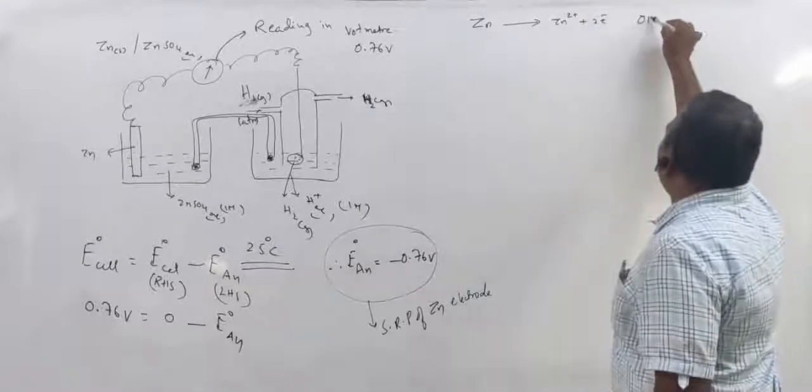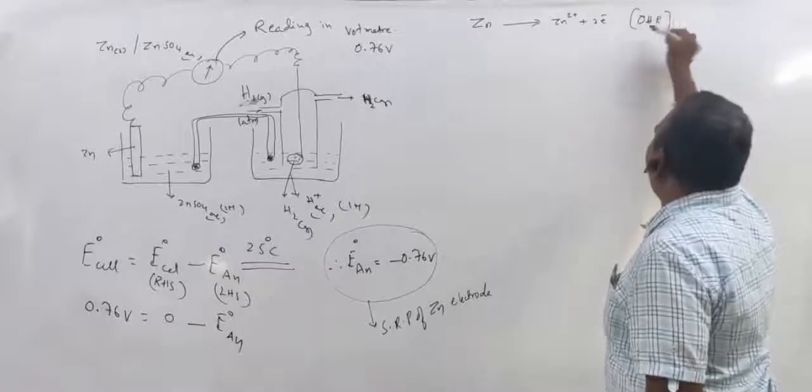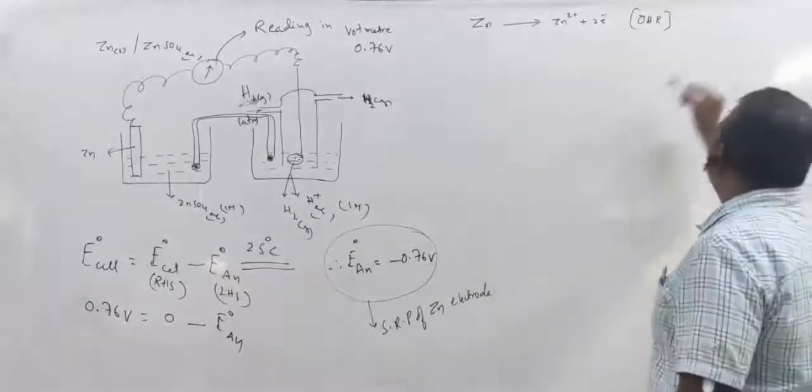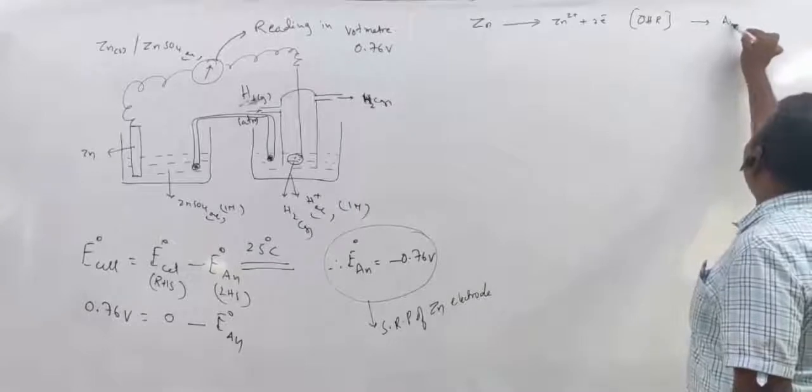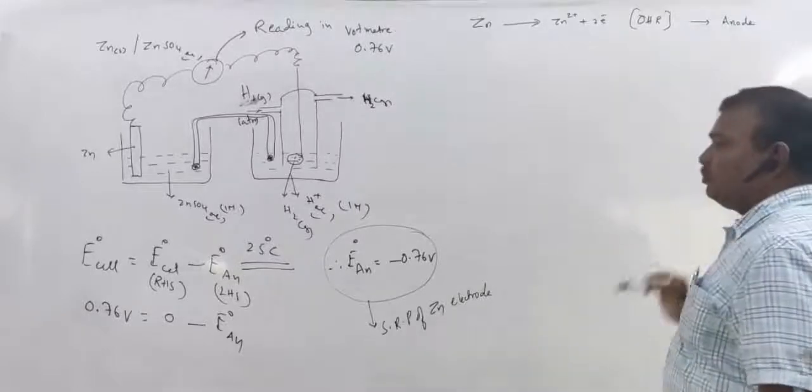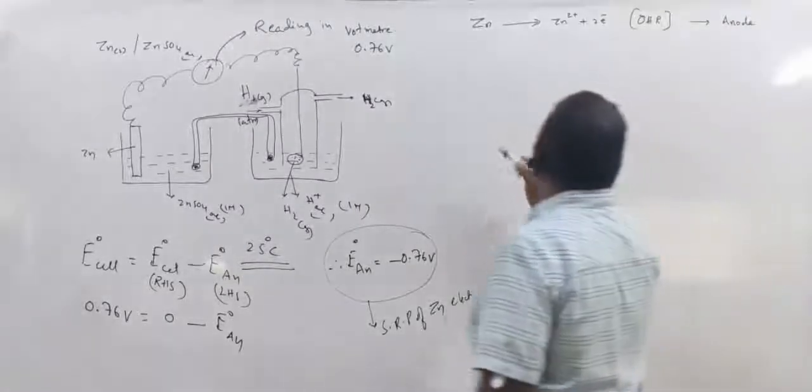So oxidation reaction happens at the zinc electrode. That means it is the anode.